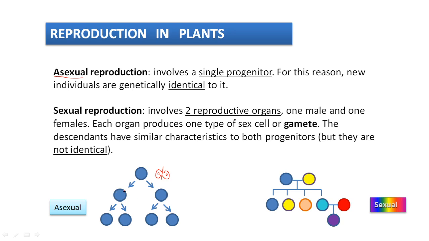These daughter cells can produce other cells, but all of them are identical. Sometimes you can find a different individual, but that is because of a mutation. Without that, all these cells are the same.